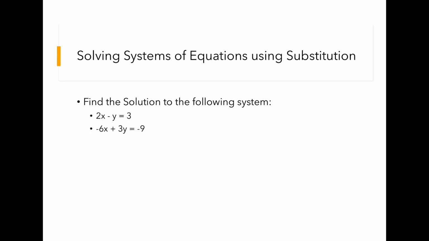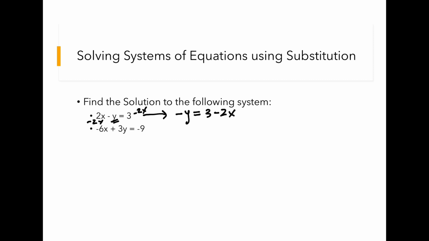Looking at one more example here, finding the solution to this system. The one variable that's by itself that we can isolate here is the y. So I'm going to subtract 2x from both sides. That gives me, notice that it's a negative y. So negative y is equal to 3 minus 2x.